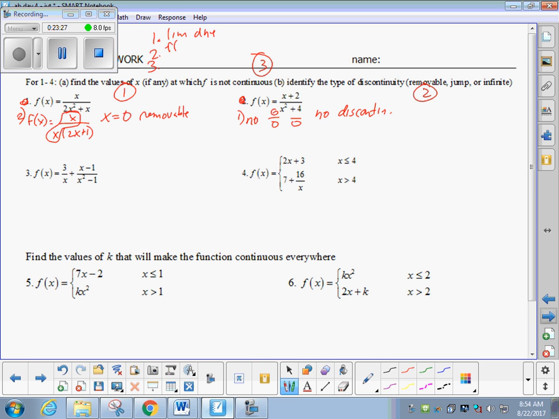Is it that the point doesn't exist? Or because they're not the same? Well, at a hole, what's the problem? The point doesn't exist. There's a hole there. And so the third part is f at c does not exist. That's why there's a discontinuity. Okay? There's no point there. Are there any other discontinuities there?